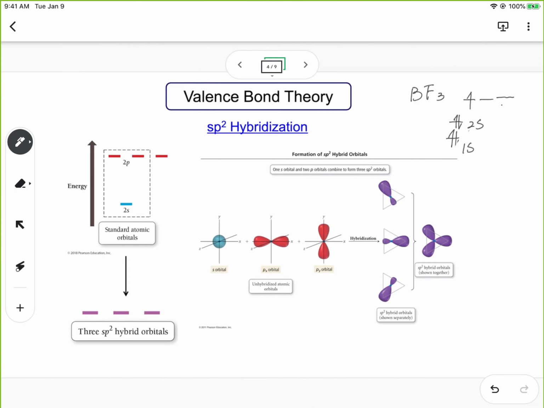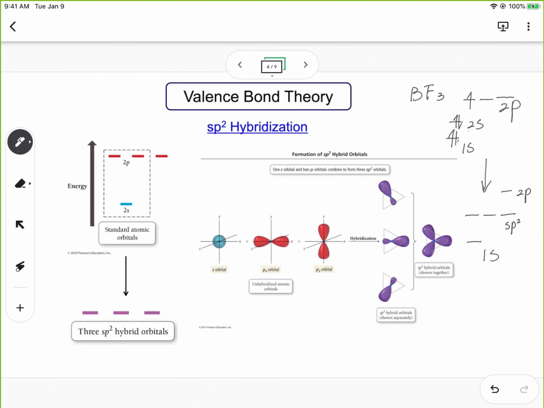This is the boron center electronic configuration. When the boron center interacts with 3 fluorine atoms, the 2s orbital and 2 of the 2p orbitals will mix to form sp2 hybrid orbitals, and then you still have 1 2p orbital left.